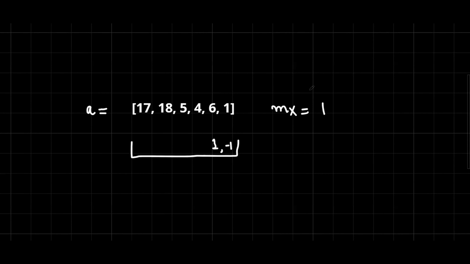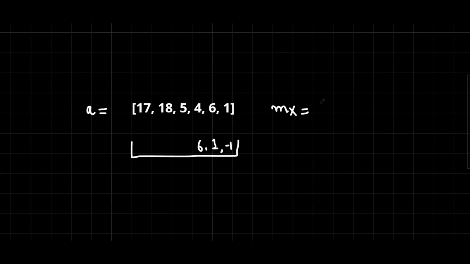Now, currently our max value is 1 and we are at the element 4. For the element 4, the right side maximum is the maximum of 1 and 6, which is 6. So we have to replace 4 with 6 here.